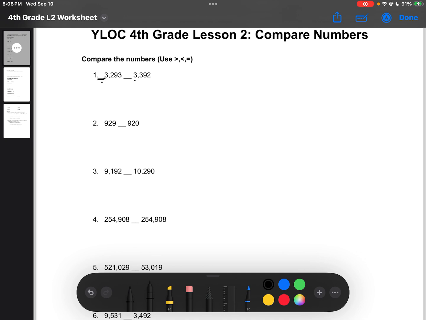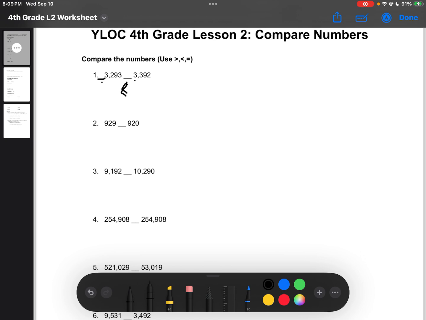So 3 and 3 are the same, but then in the hundreds place, it says 3,293, while it says 3,392. So we know the second number is greater, so we'll put a less than sign, because the first number is less than the second number.